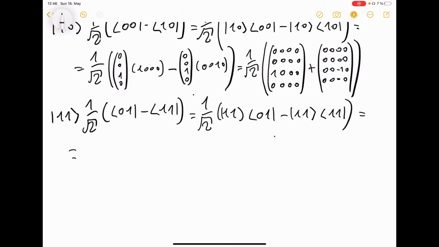Giving us the outer products. It looks like that is 1 over the square root of 2.